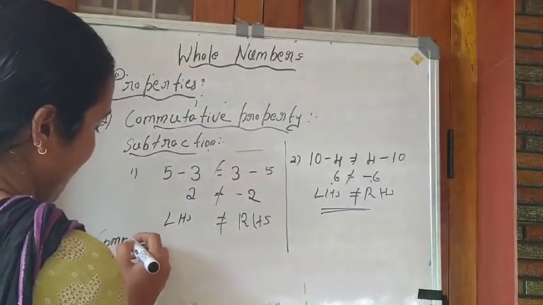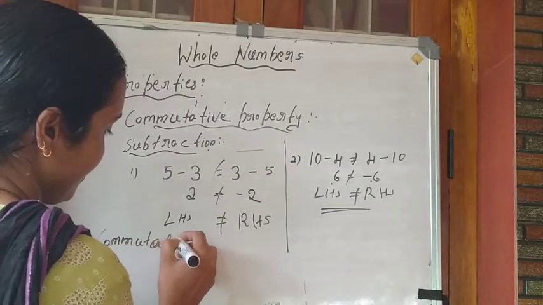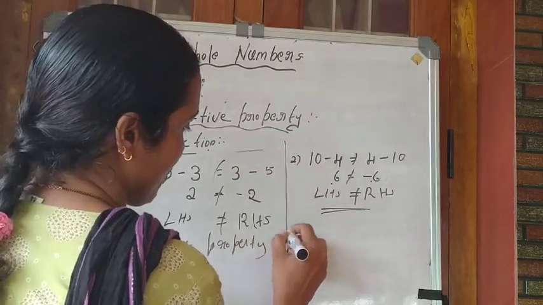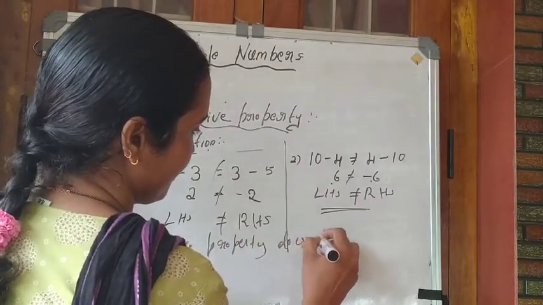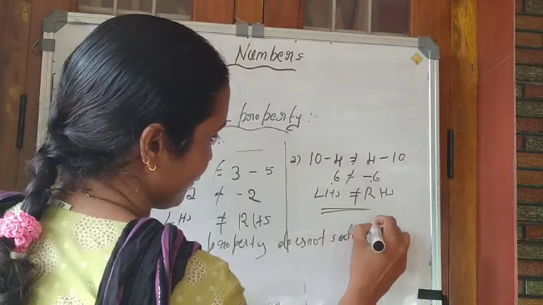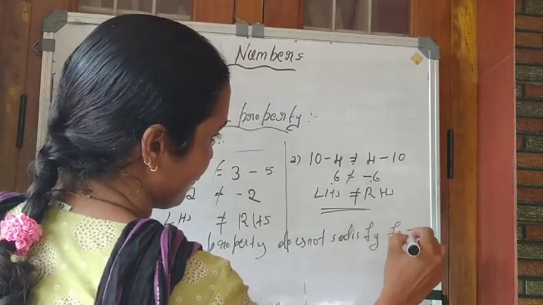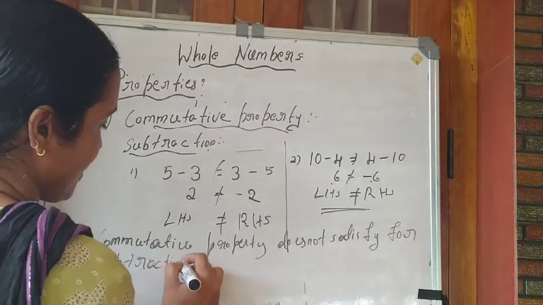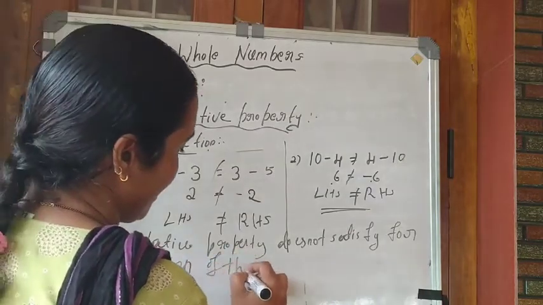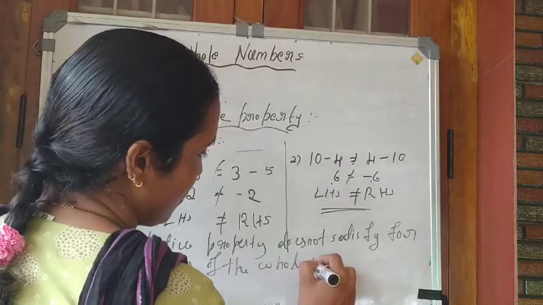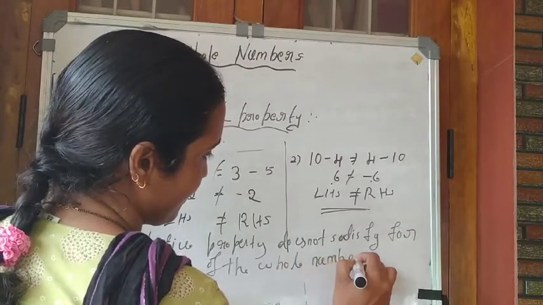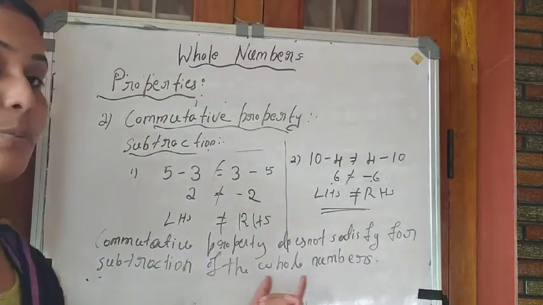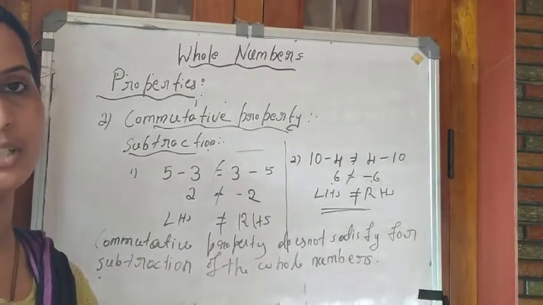So commutative property does not satisfy for subtraction of whole numbers.